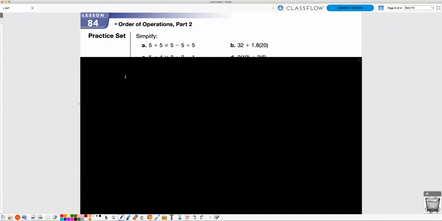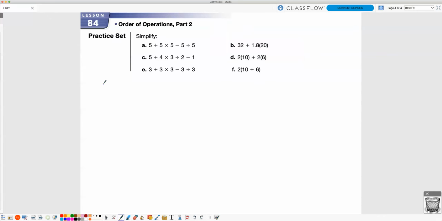All right, let's try a few of those. So letter A, 5 plus 5 times 5 minus 5 divided by 5. For letter A, I'm going to do the multiplication and the division problems first.